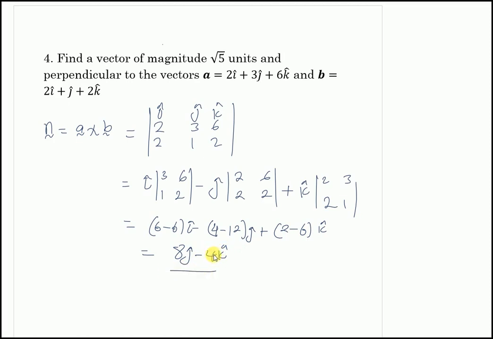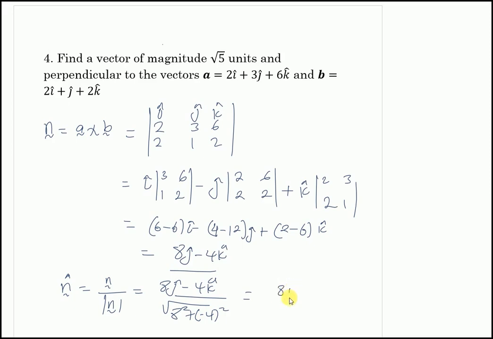This vector is perpendicular to the given vectors, but its magnitude is not root 5. So we are going to first of all get a vector which is having a magnitude of root 5 from this. So we shall get a vector n cap which is equal to n divided by magnitude of n. This is 8j minus 4k divided by square root of 8 squared plus negative 4 squared.